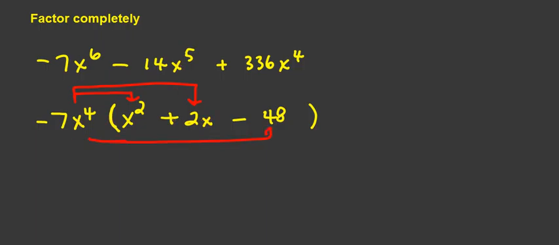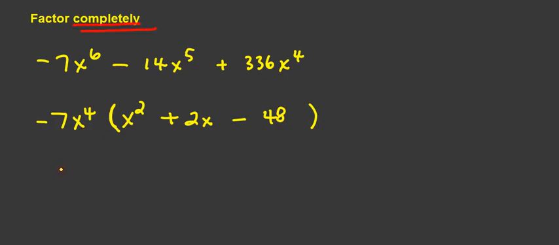And negative 7 times a negative 48 is a positive 336x to the 4th. So you can do that mentally, if not actually writing it down, to make sure that you factored out the GCF correctly. Alright, we're not finished yet, because remember it says to factor completely.